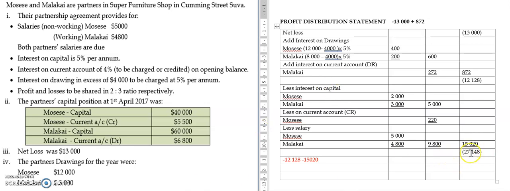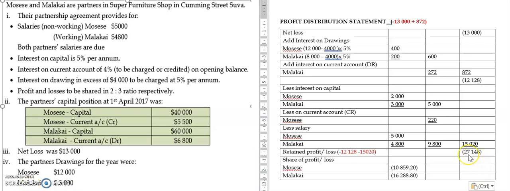Now that loss has to be shared between the partners according to the profit sharing ratio, and profit sharing ratio in this question is 2:3. That means this loss will first be divided by 5, then whatever answer we get times 2 goes to Mosese, and times 3 of that will go to Malakai.